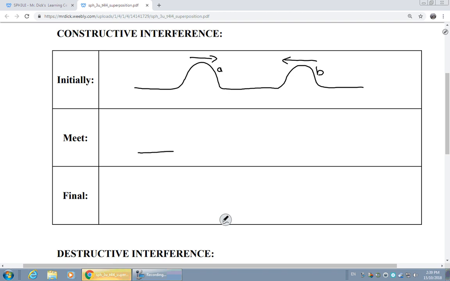And so we see them meet right in the middle with one great big giant crest and then continue on. You can even draw in a little extra dotted line where the original size of the amplitudes would be, just so that you can recognize that what's actually happening is that they've doubled. They've overlapped one another. And so really this giant crest that we have is A plus B. It's both of those pulses being added together.